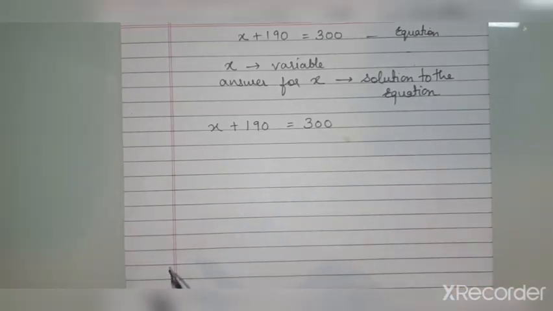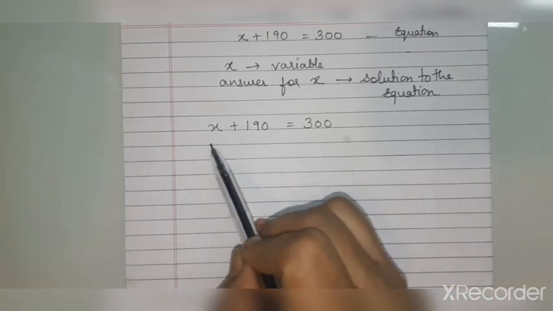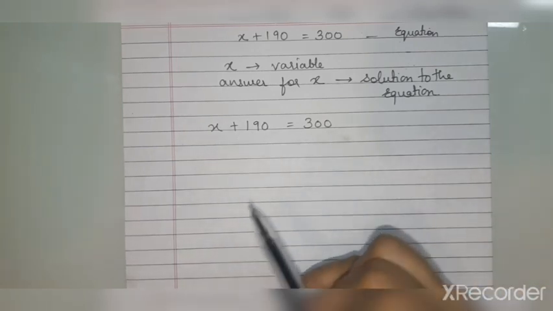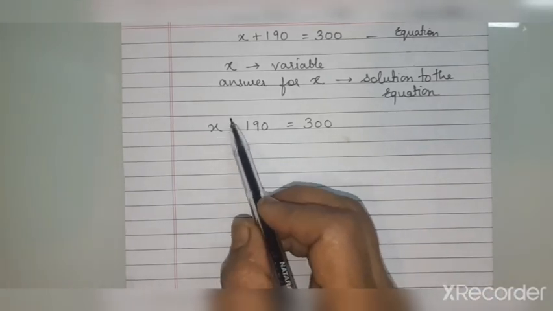So when we are actually solving, we have to see what operation is there in that equation. In this particular equation, x plus 190 equal to 300, the operation is addition.